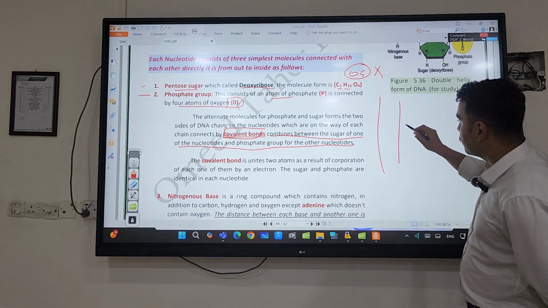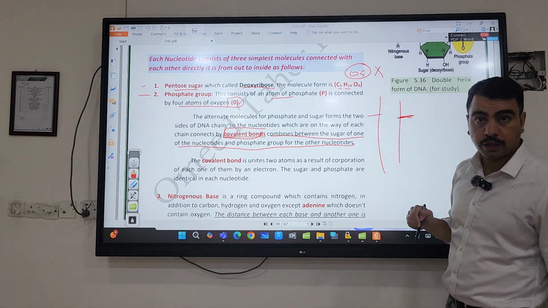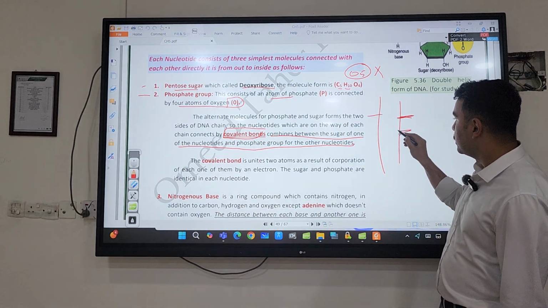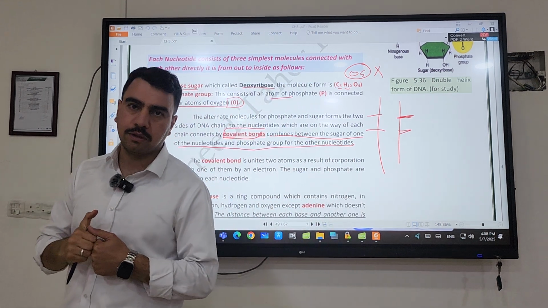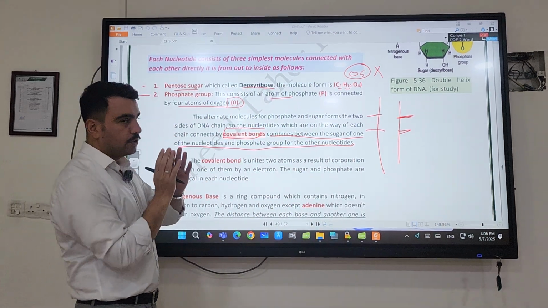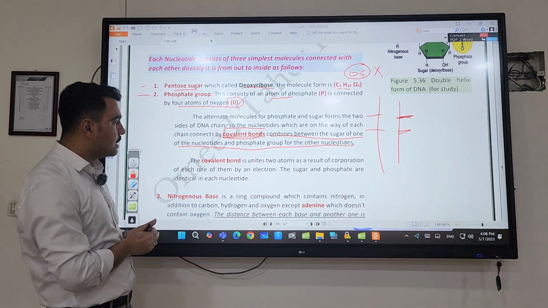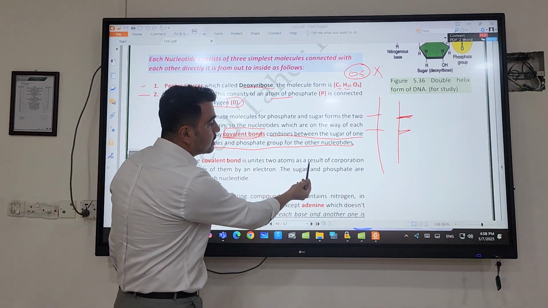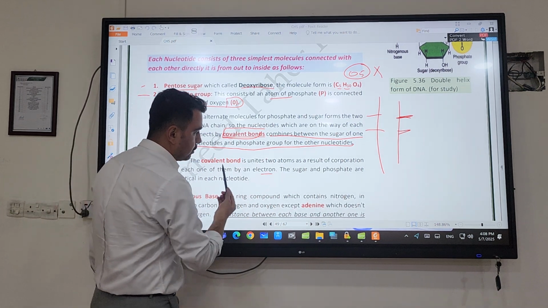If here we have a phosphate group, opposite will be sugar; here, if we have sugar, there will be phosphate. They are connected by a covalent bond, a chemical bond between phosphate and sugar. A covalent bond unites 2 atoms as a result of sharing electrons.